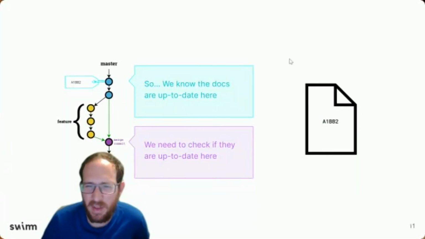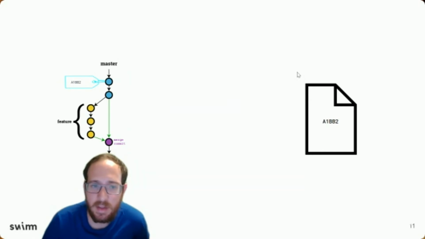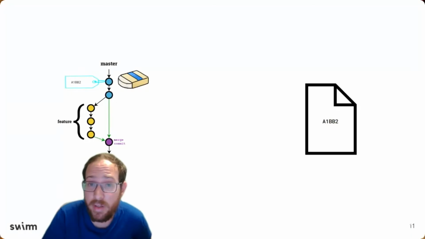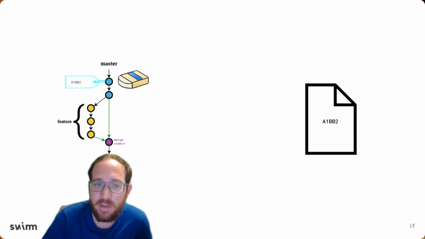But if we think about it more carefully, we will find out that it's not always the case. And the problem is that sometimes commits get erased. How can that happen? Well, someone can rewrite history, for example, using an interactive rebase, and then using push force, and this commit would be erased.